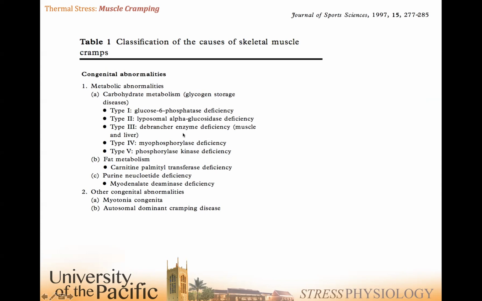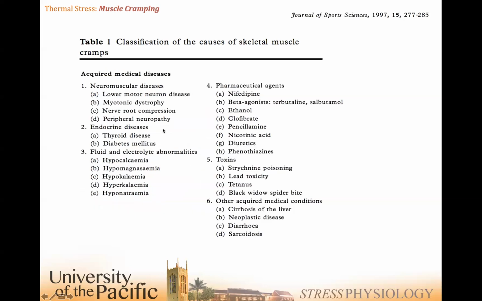I'm talking about there's a number of congenital abnormalities that can predispose us to cramping. And that's not what we're talking about here. Yes, there are congenital things, metabolic abnormalities, and there's acquired medical illnesses, whether it's like thyroid disease, diabetes can be associated.